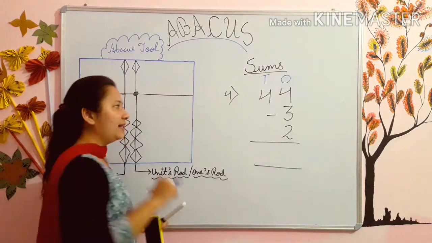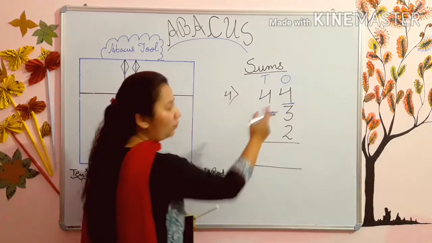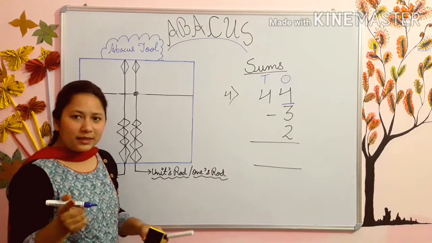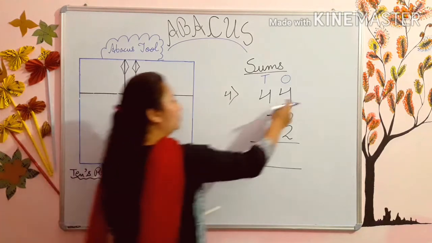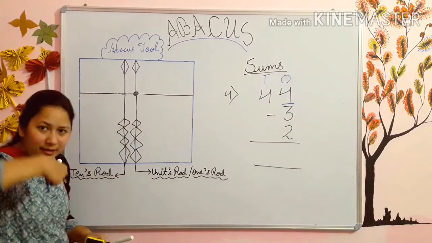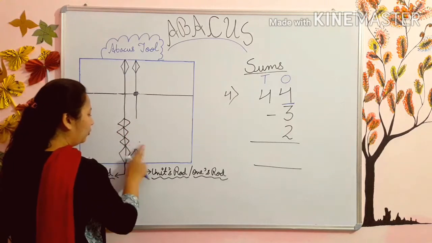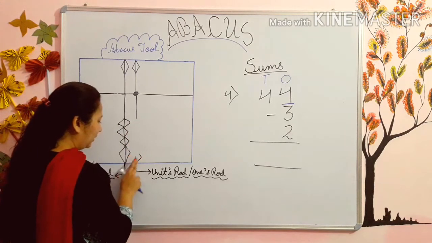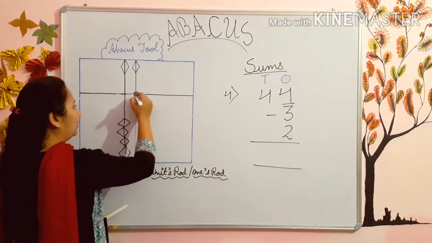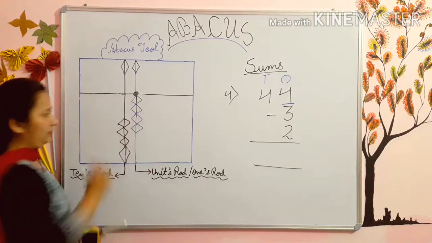This is fixed. Just learn it. This will go in ones rod, this will go in tens rod. Fine kids? Very nice. Now first of all put this number in ones rod. 4 को आप ones rod में put करेंगे. Now see, no sign means add. Now you have to add 4 in ones rod. So add means put the beads up. So 4 beads you will put up in ones rod. 1, 2, 3, 4.